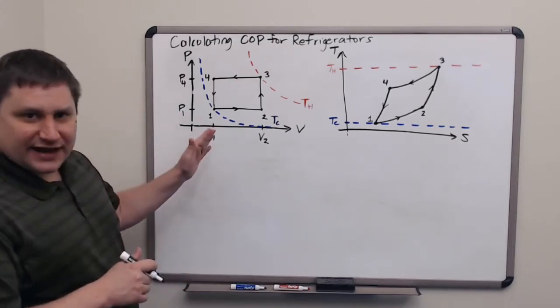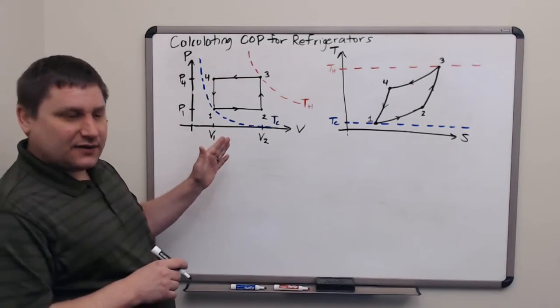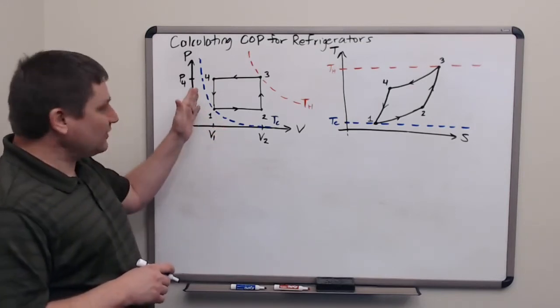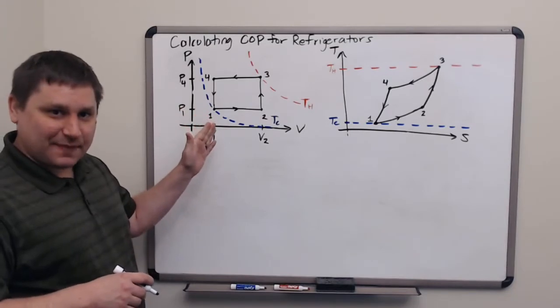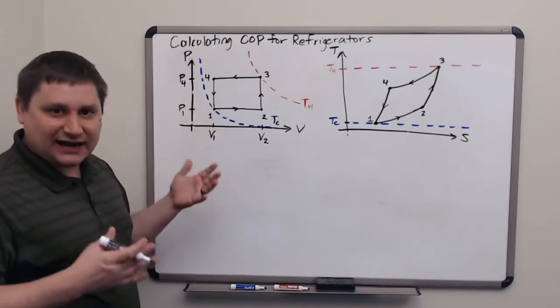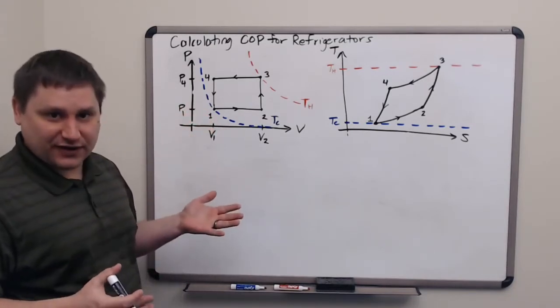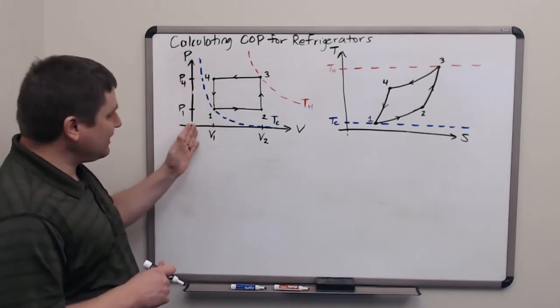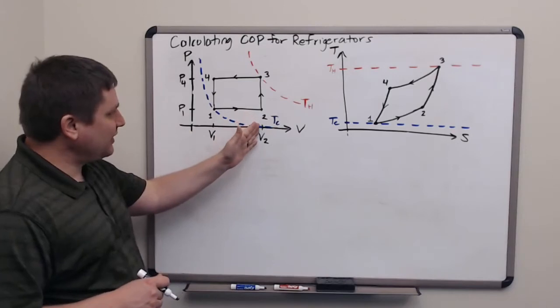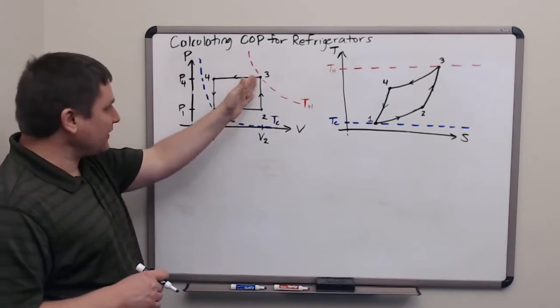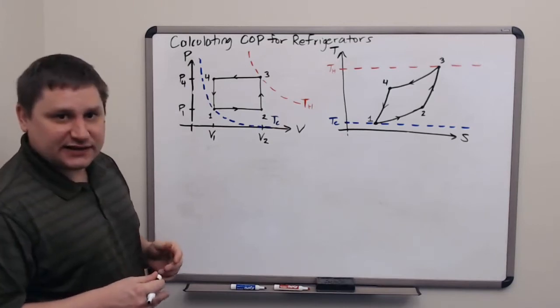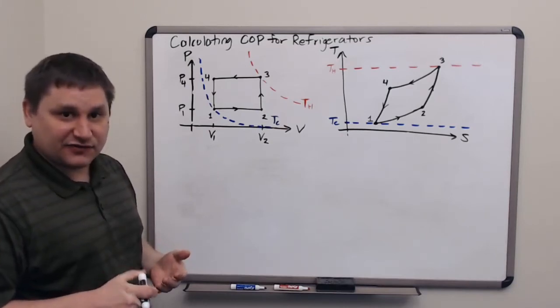Let's first look at a case where we have a counterclockwise cycle that looks simple on the PV diagram, but actually could not ever work as a refrigerator. This rectangular cycle has an isobaric step, an isochoric step, another isobaric step, and an isochoric step. It's one of the easiest cycles to analyze in terms of work.